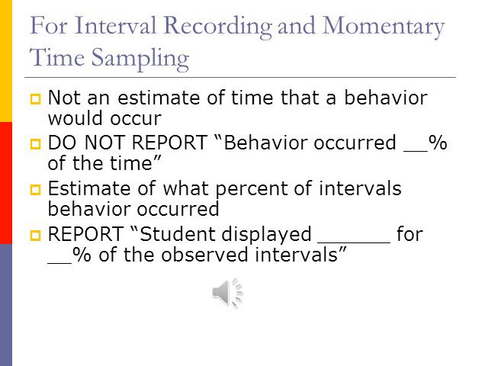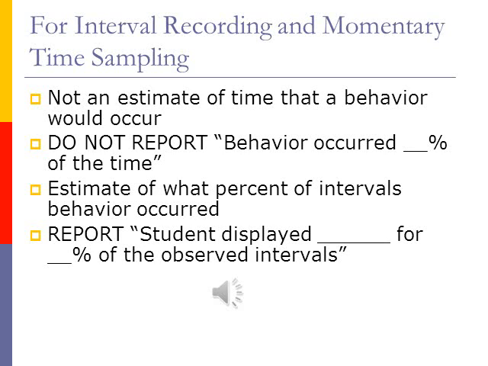When reporting the results from momentary time sampling and interval recording, it's important to understand that it is not an estimate of time that the behavior would occur. So we don't want to report that the behavior occurred for a blank percentage of the time. That would be inaccurate. It is an estimate of what percent of intervals the student displayed the target behavior.